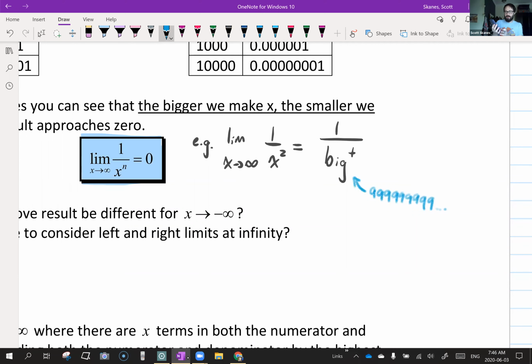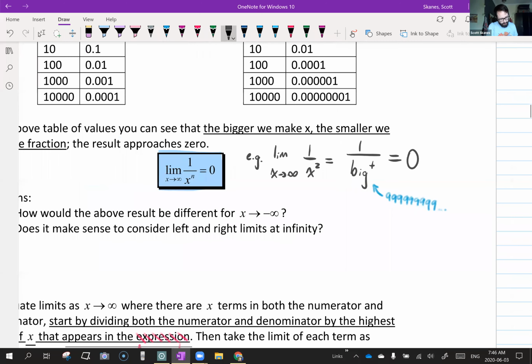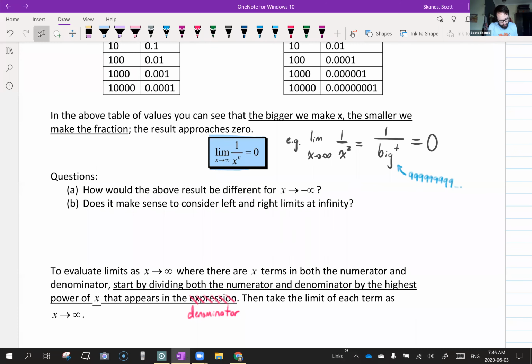So just get that, and what do you get? The calculator gives you back, in my case, 1.000000002 times 10 to the negative 14. It's 0. So imagine taking 1 divided by this massive number. Of course it's 0. Numbers divided by a huge number are going to be 0. In the notes here, it says the bigger we make x, the smaller we make the fraction. So it approaches 0 as we do this.